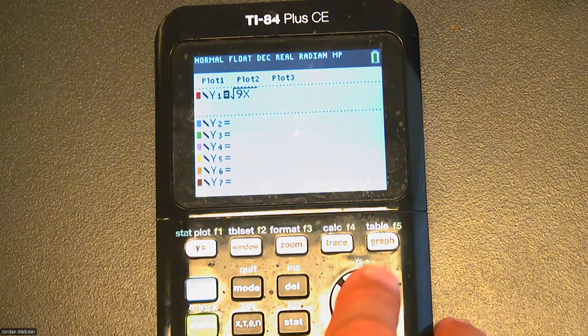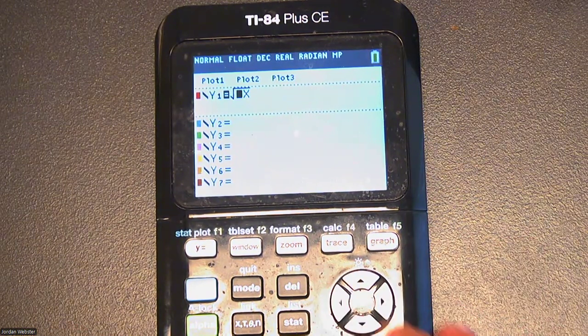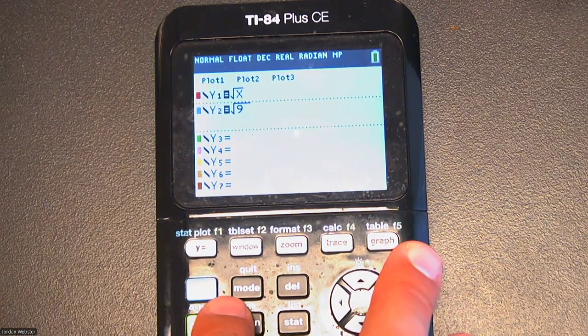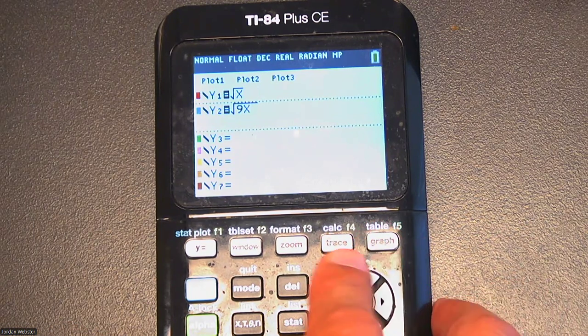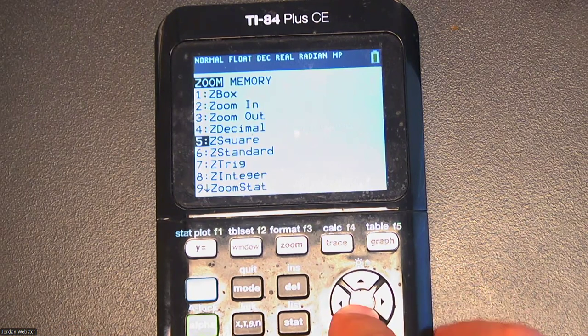I can graph that and see how it's shifted from my base function. In fact, if you want to do your base function and that one, you can just graph it that way. Zoom, standard, that's what I'll do.